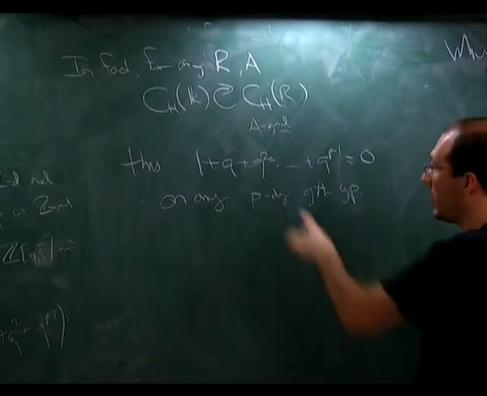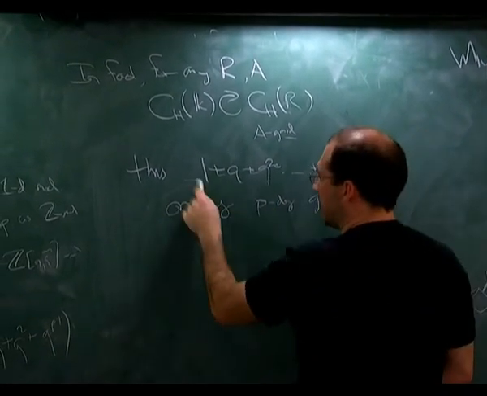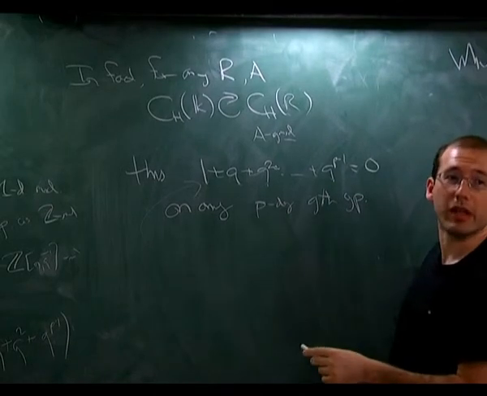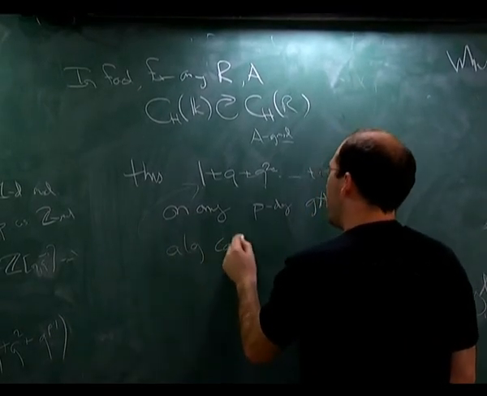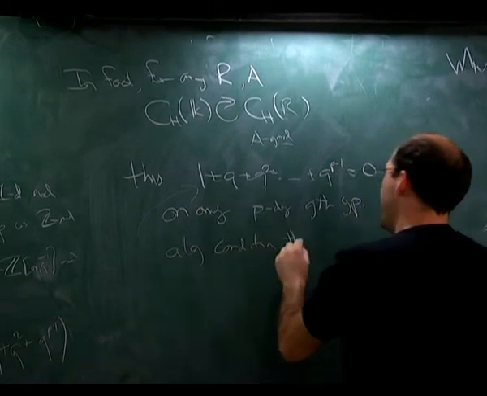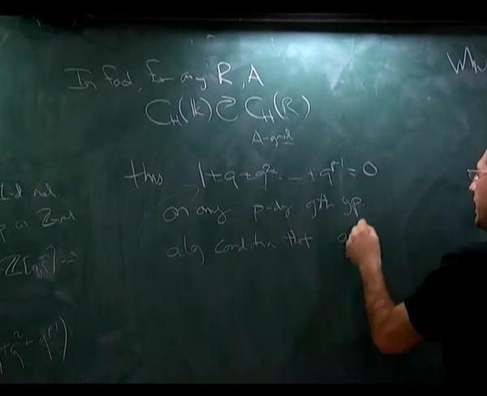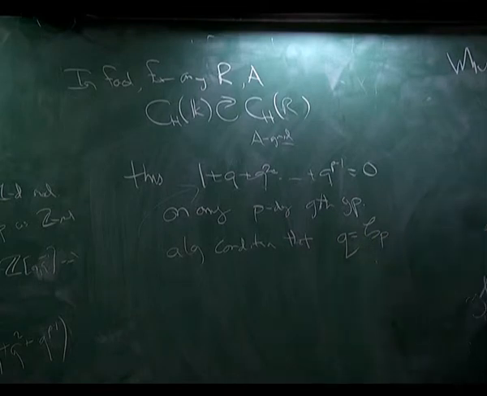So what is this thing? This is the characteristic polynomial of the p-th root of unity. This is the algebraic condition that q is a primitive p-th root of unity.